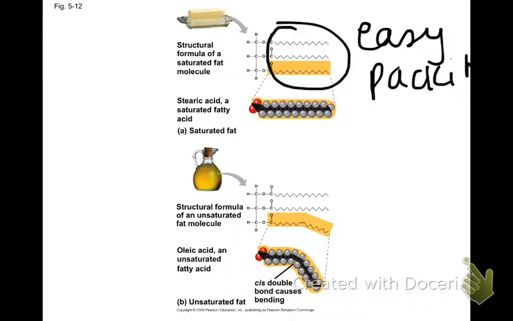Whereas olive oil or any other oil would have an unsaturated fatty acid, and so it has a kink, and it will resist packing, and that would cause it to be a liquid at room temperature.